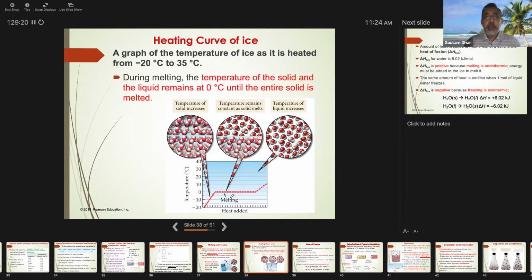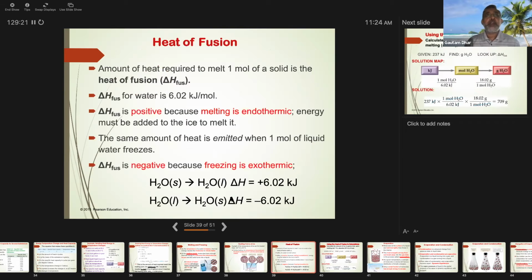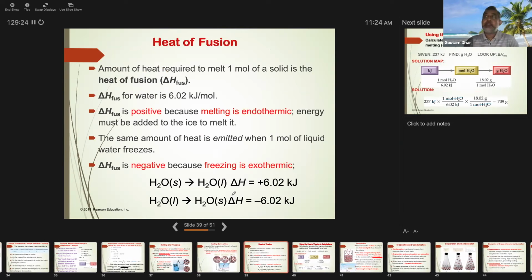Now at this point where it is melting, the temperature is not changing, but it is still absorbing heat. And so we define another kind of heat, the heat of fusion, which is basically defined as the amount of heat required to melt 1 mole. Now we haven't done mole, but you can also define it as 1 gram.